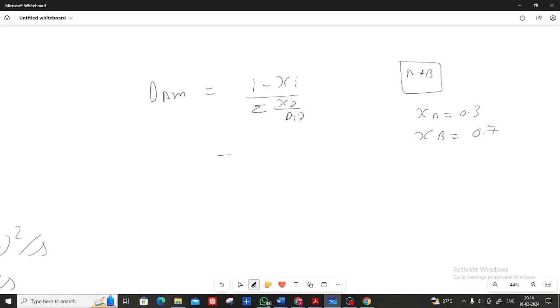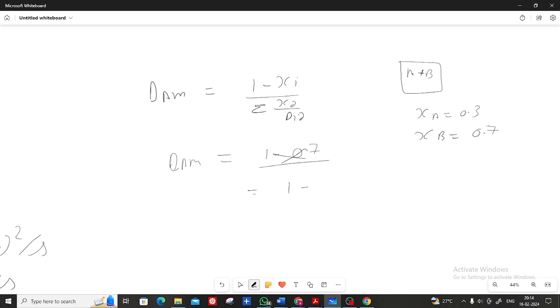Now you calculate the diffusion coefficient of A in the mixture.